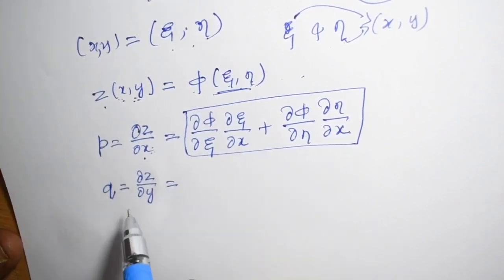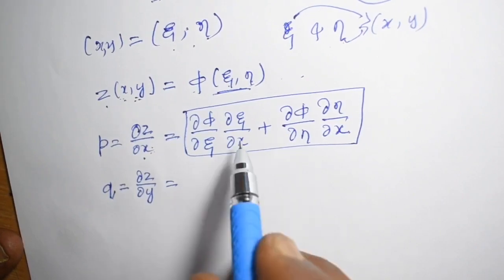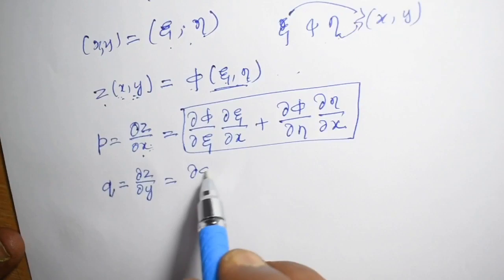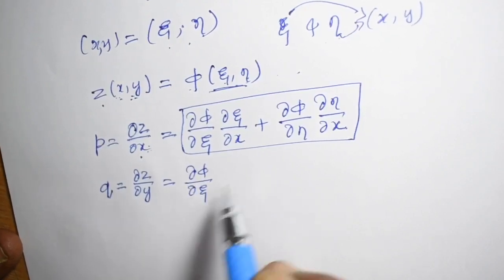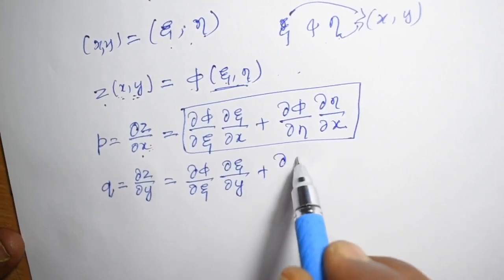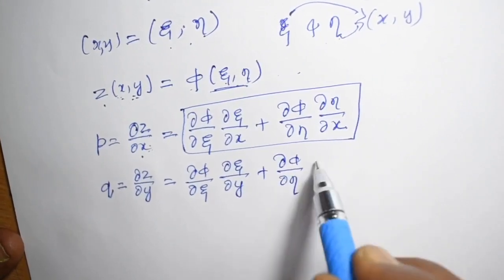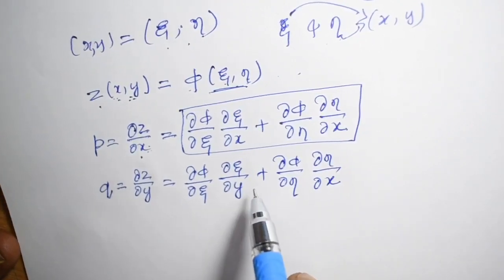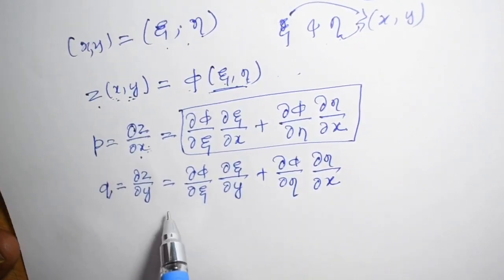Here, instead of x, there will be y, simply because xi and eta are functions of y also. That is given by del phi by del xi into del xi by del y plus del phi by del eta into del eta by del y. So this will become the first order derivative with respect to y.